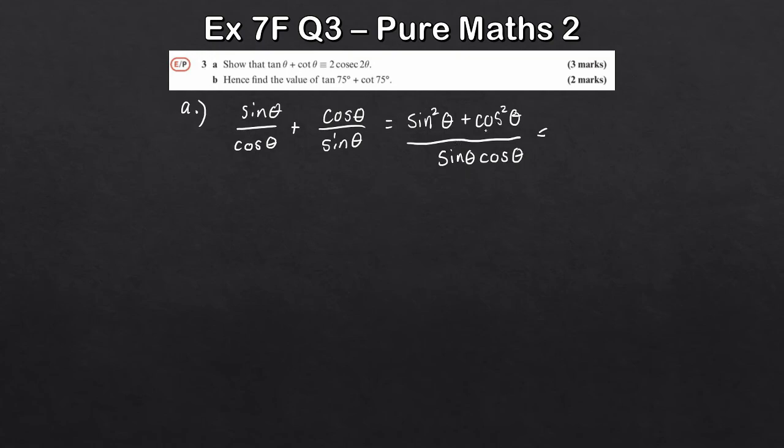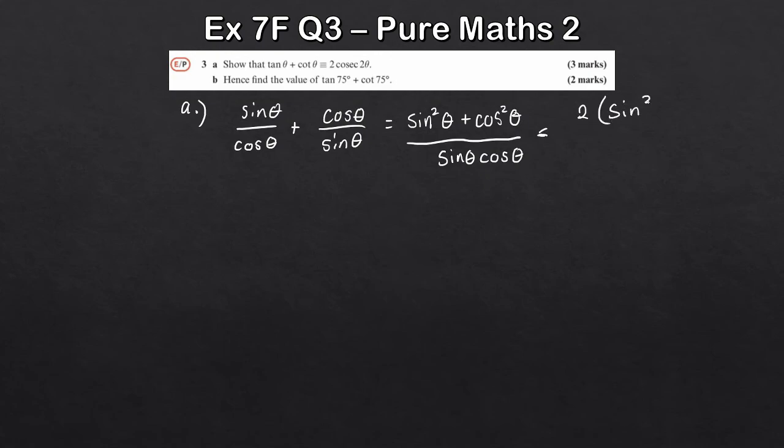So we need 2 lots of this, and we need the double angle formula, sine 2 theta. At this point, this is just half of the double angle formula for sine 2 theta. So if we times top and bottom by 2, this might work out quite nicely.